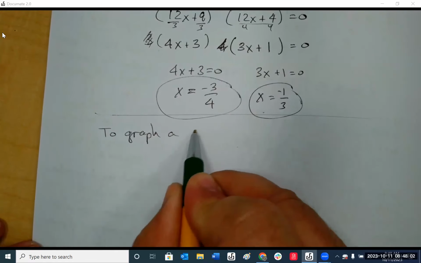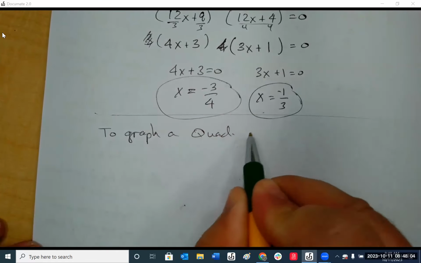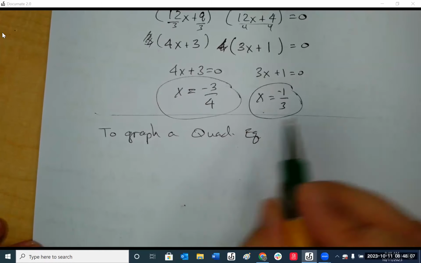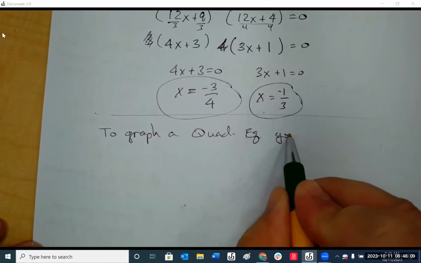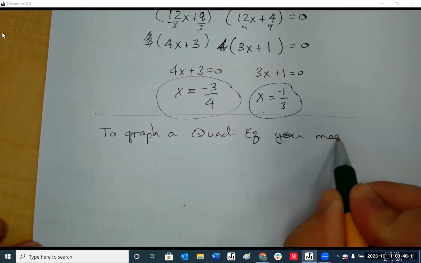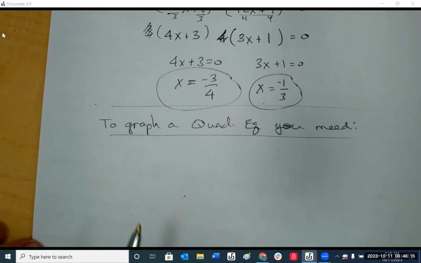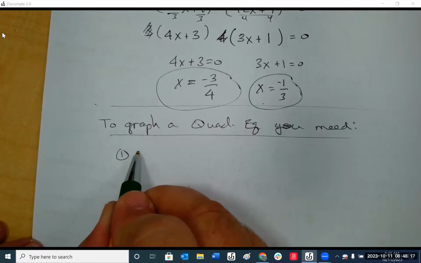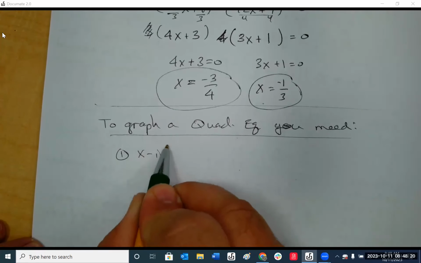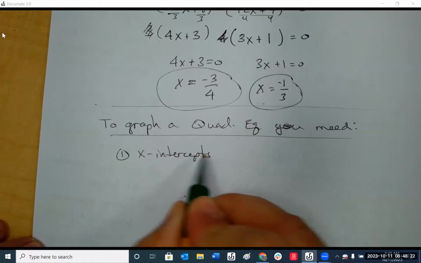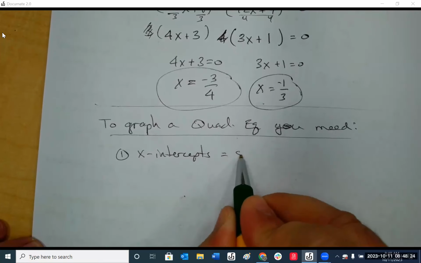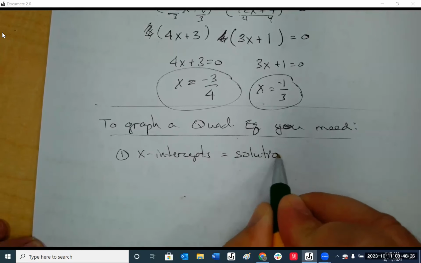To graph a quadratic equation, you need certain information. The x-intercepts. These are also called solutions.